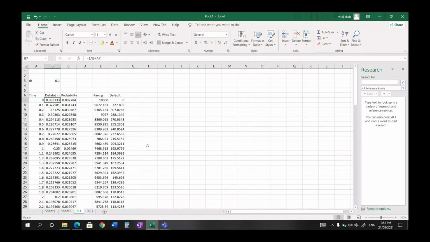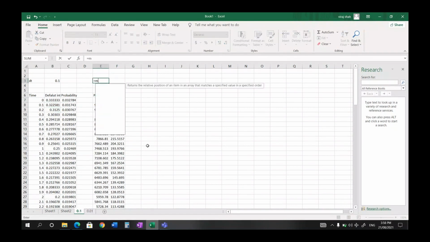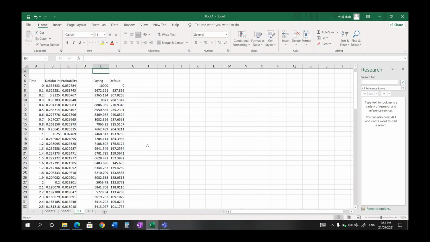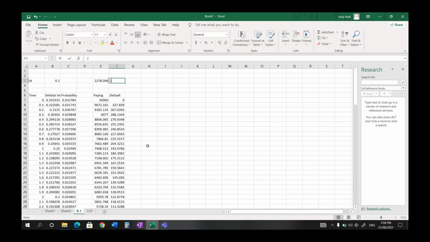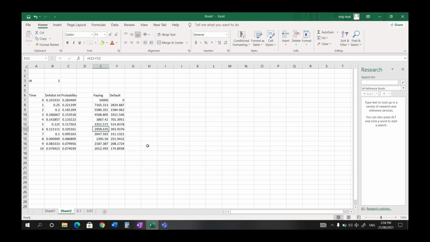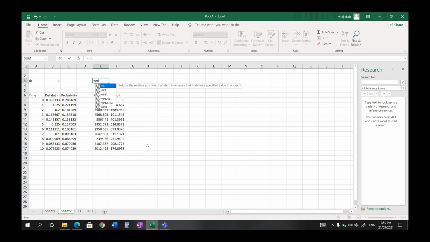Let's check what happens for 0.1. Basically, for 0.1 it is 2278 and the theoretical was 2308. A large difference, right? This is because in discrete we took time as 0.1. So now even here there is a big difference as compared to your 0.01. It would be the minimum of this giving you 2012. The answer would be 2038.